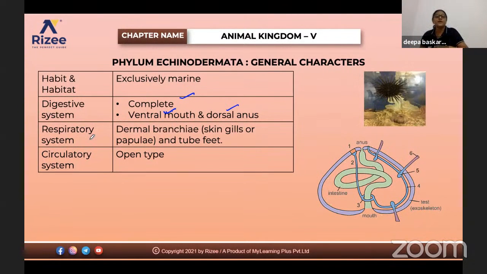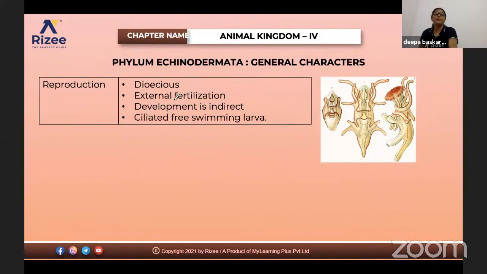Respiratory system: dermal branchiae, gills, papillae and tube feet are all respiratory organs here. Circulatory system is open type. Reproduction is dioecious, sexes are separate, external fertilization, indirect development with ciliated free-swimming larvae. They are solitary, not colonial, like mollusks.